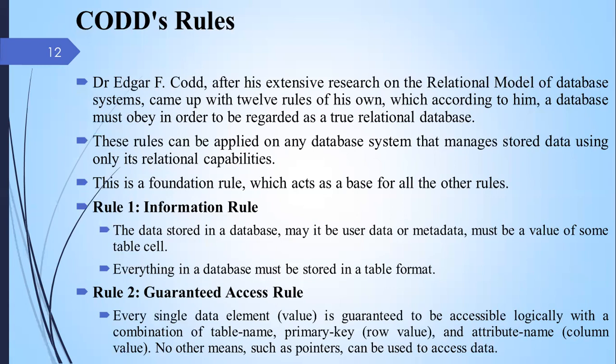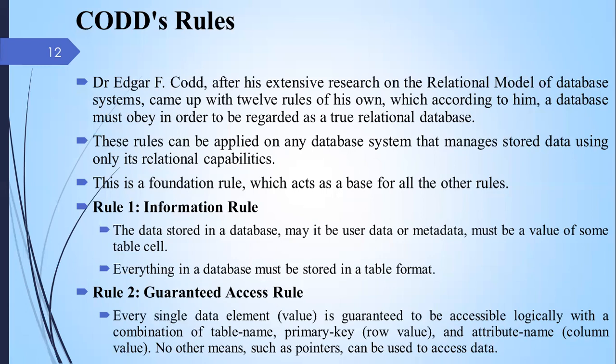So it is called the information rule. What does information rule 1 suggest to us? It suggests that the data should be stored in table format. Data may be anything, but must be a value of some table cell.